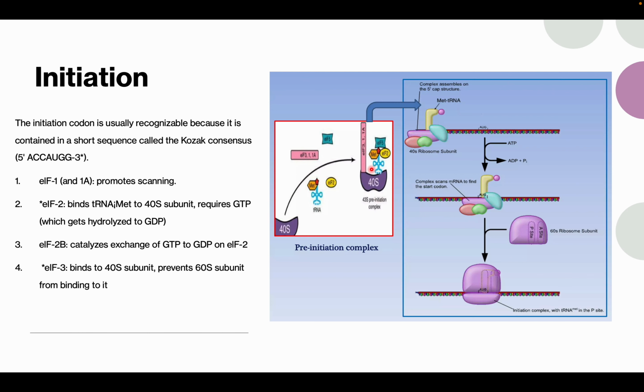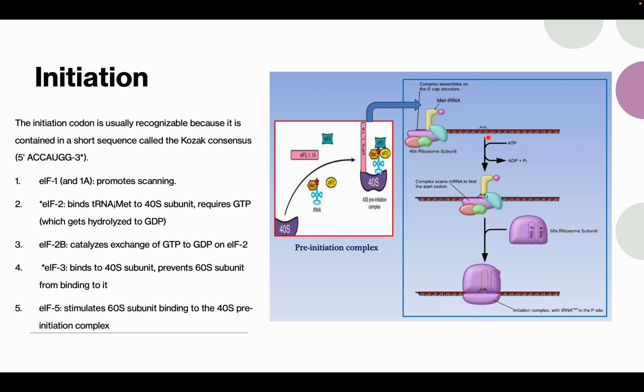So until it binds to the mRNA, eIF3 is required to prevent the binding. Once this complex is formed, it binds to the 5' end of the mRNA and starts the scanning with the help of eIF1 and 1A.